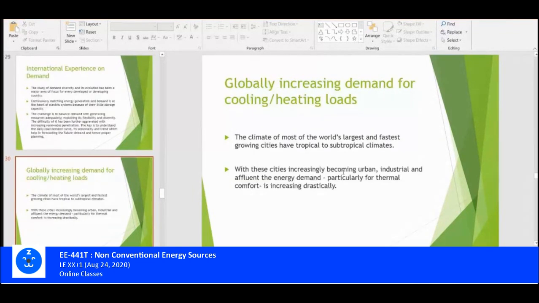Globally, there is increasing demand for cooling and heating loads. The climate of most of the world's largest and fastest growing cities is tropical to subtropical, like China, India, and these Southeast Asian countries, Thailand, Indonesia, Malaysia, Vietnam also. With these cities increasingly becoming urban, industrial, and affluent, the energy demand, particularly for thermal comfort, is increasing drastically.